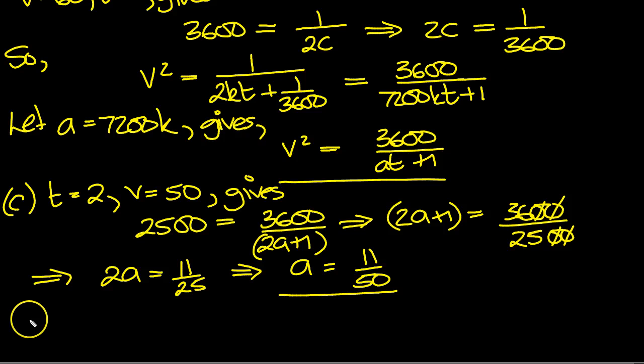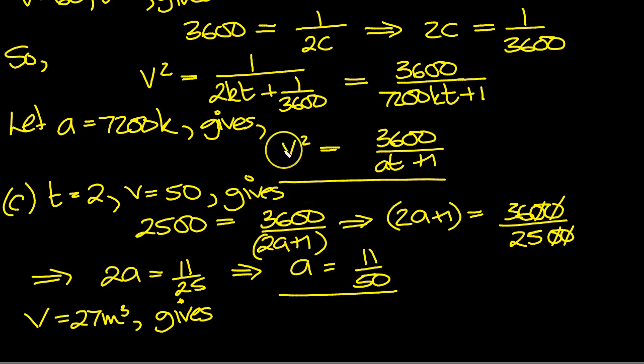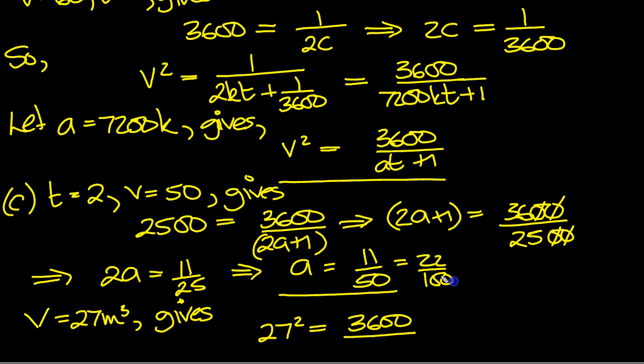So A is 11 over 50, so when the volume equals 27 meters cubed, put that into this. 27 squared is equal to 3600 over A, which is 11 over 50. That's equal to 22 over 100, which equals 0.22.